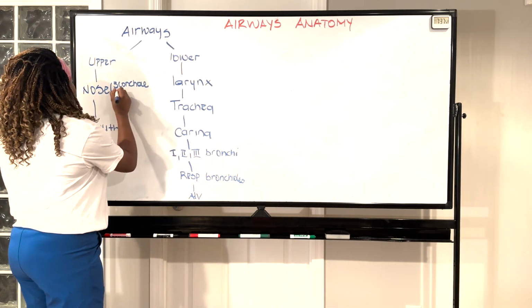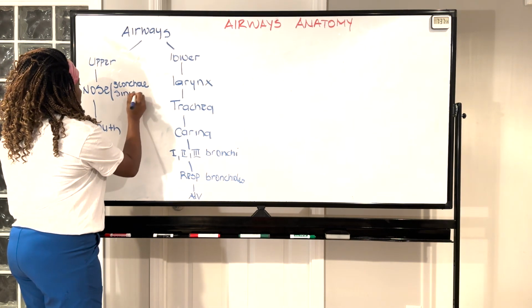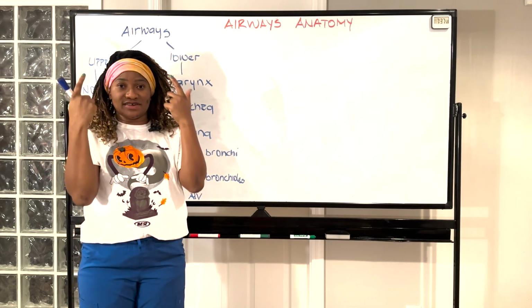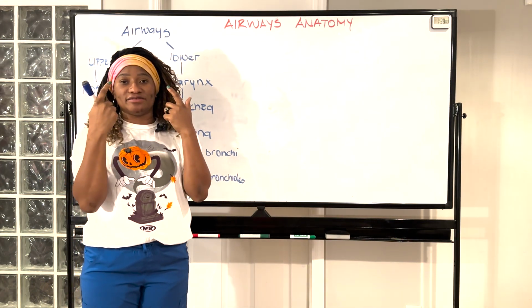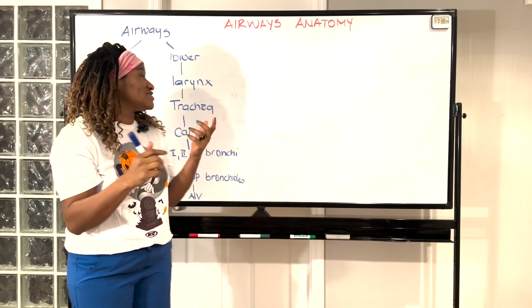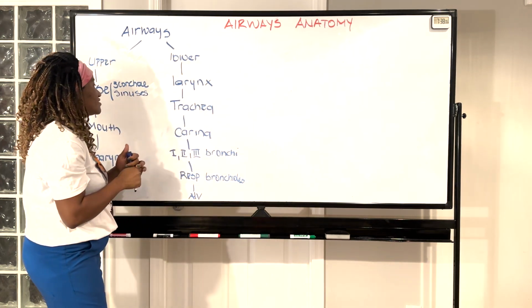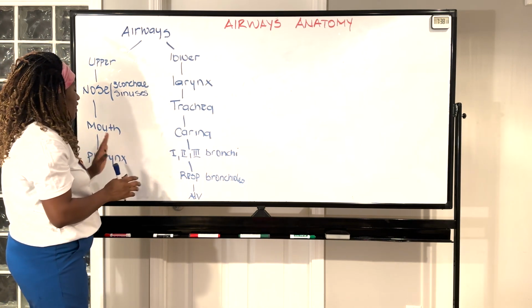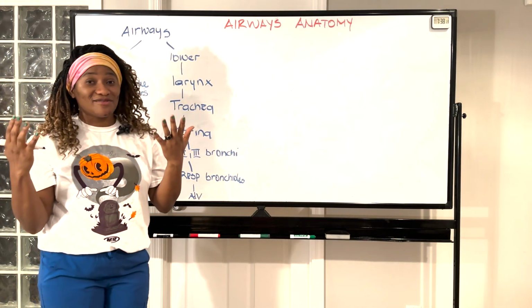We also have the sinuses in the nose. So we have the frontal sinuses, the maxillary, the sphenoidal sinuses. These are all comprised inside the nose part. Now, the mouth part is going to be our mouth.